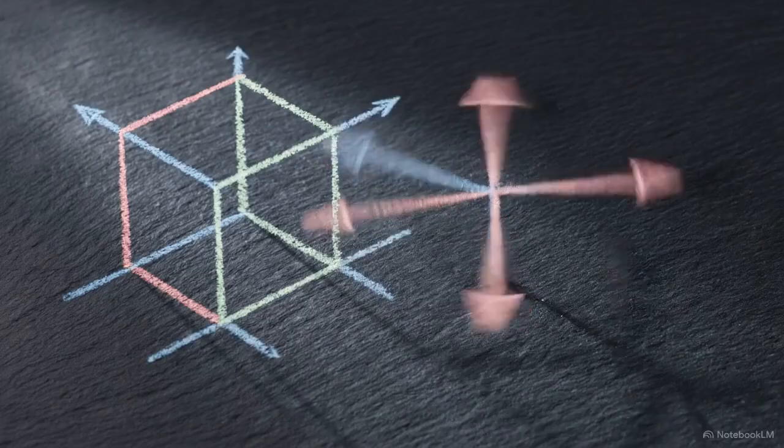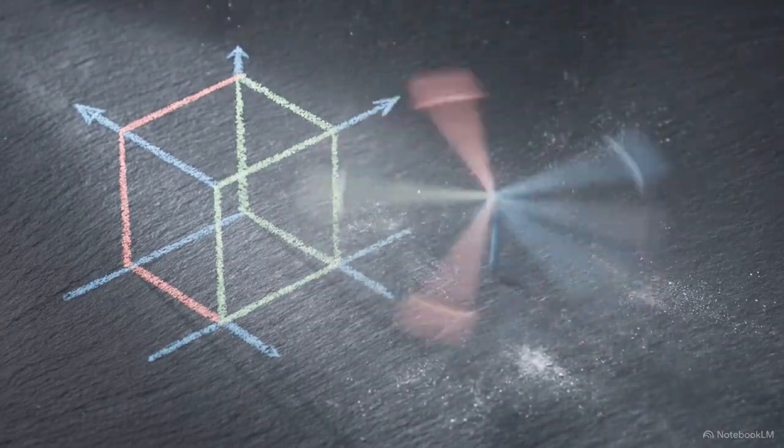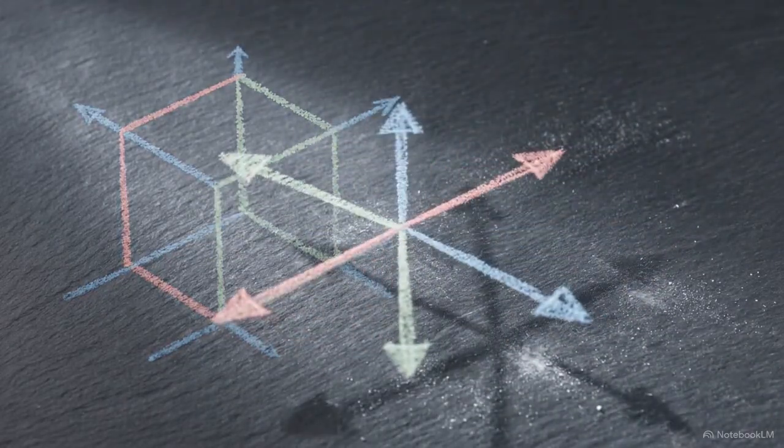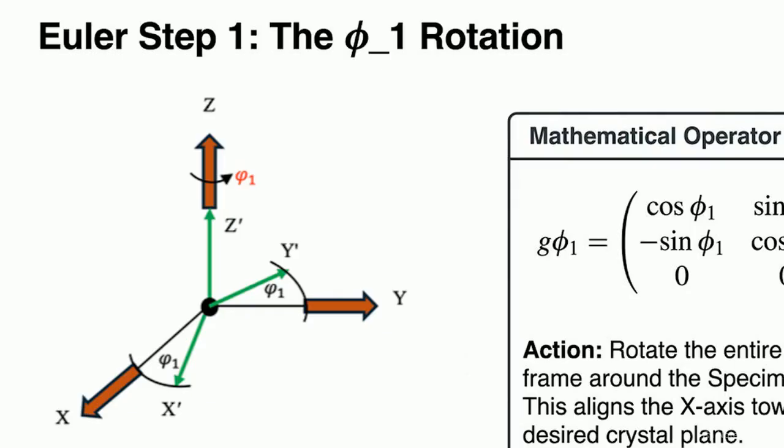These operations are designed to physically spin the static sample frame through space until it locks into alignment with the internal crystal frame. The sequence begins with the first rotation, denoted as phi 1. This diagram visualizes the action. The entire crystal coordinate frame is rotated around the original specimen z-axis, aligning the x-axis directly toward the desired heading of the crystal plane.